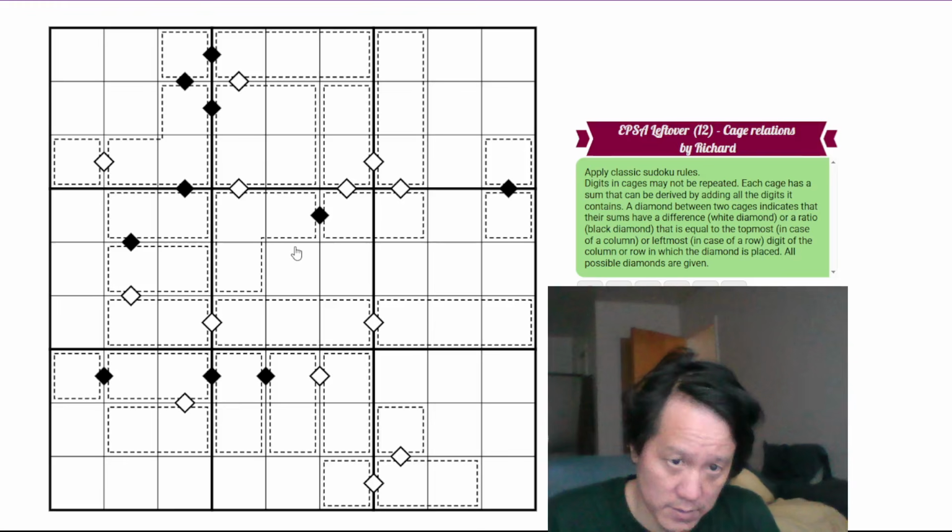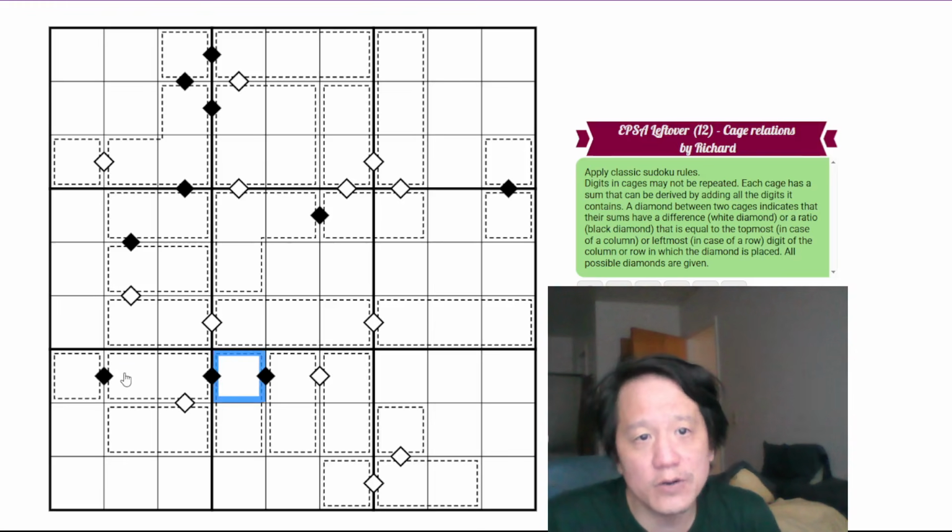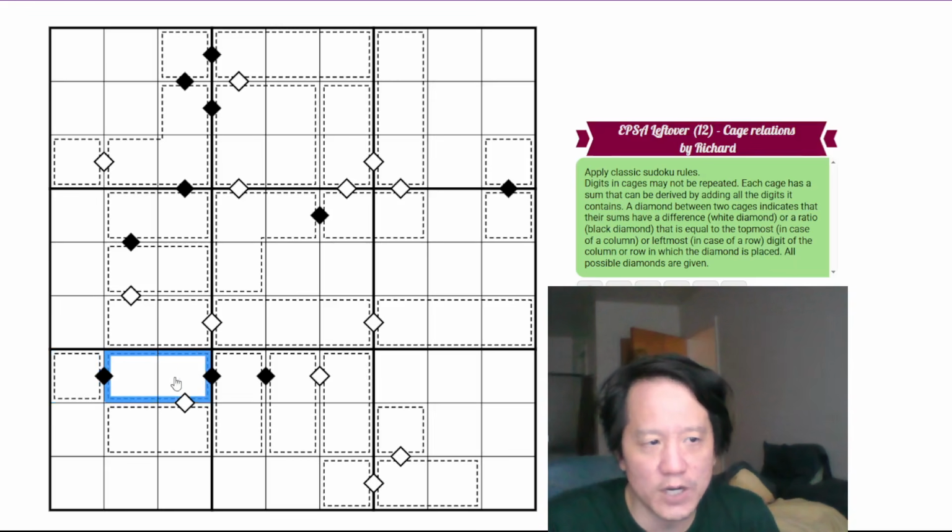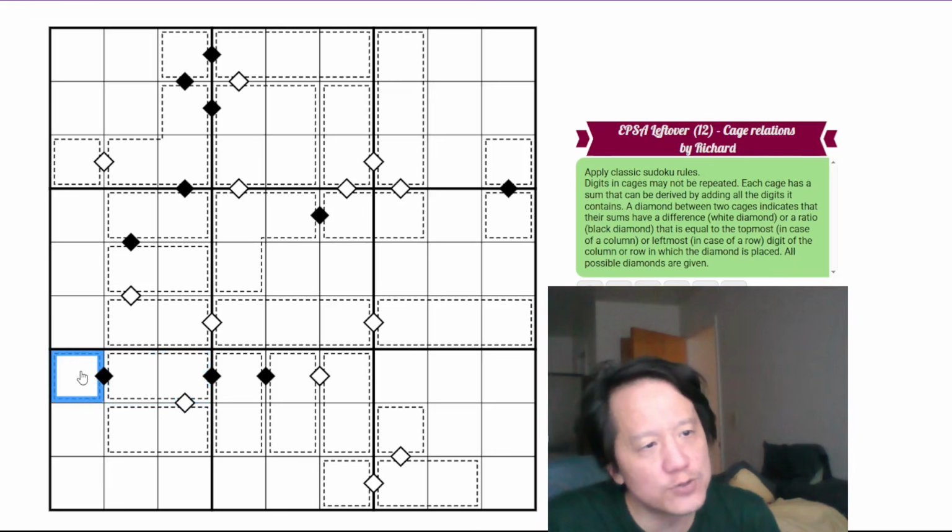Let's go. Okay. So this is in a whatever ratio to this digit. So that means this is whatever this is times itself. Well, that means this is either 2 or 3, right?